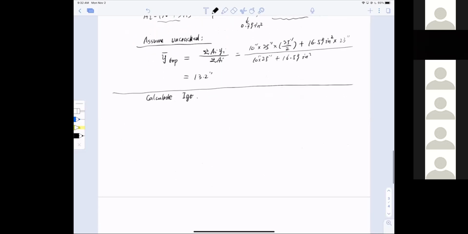First I'm going to set Ii, which is the moment of inertia about its own axis, the area of each component, and the distance of each component. Be careful, this distance is centroid to neutral axis, so this is different.